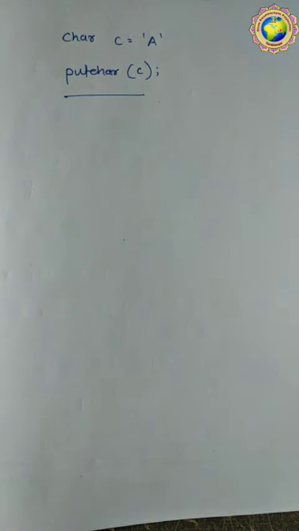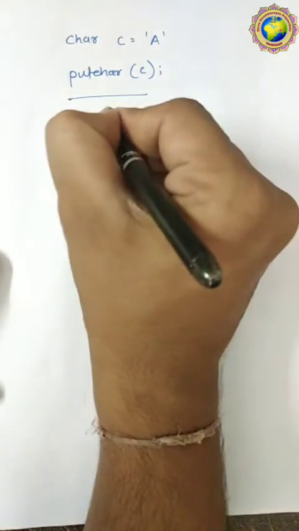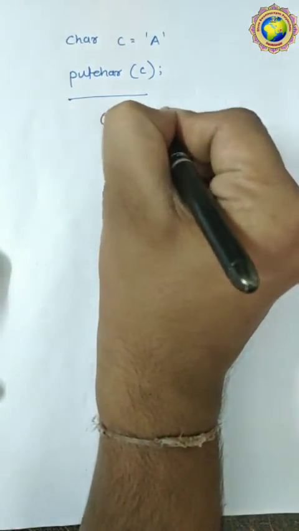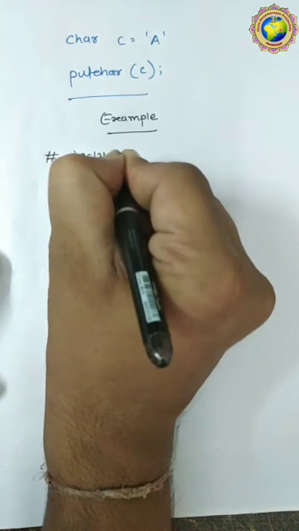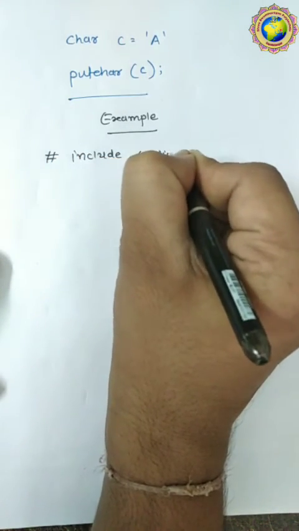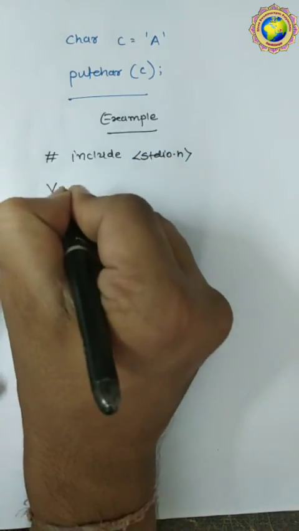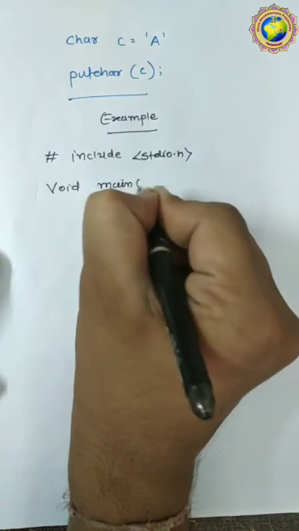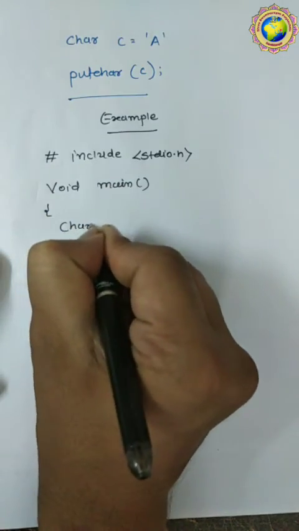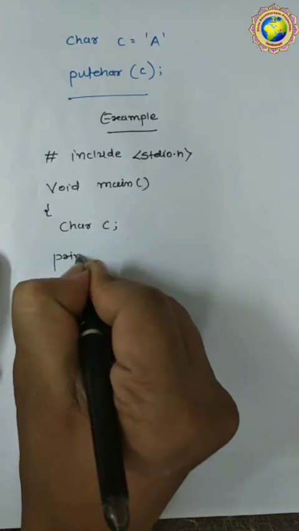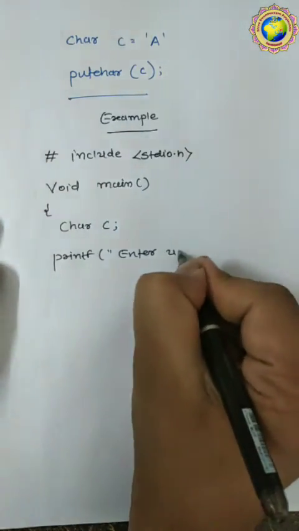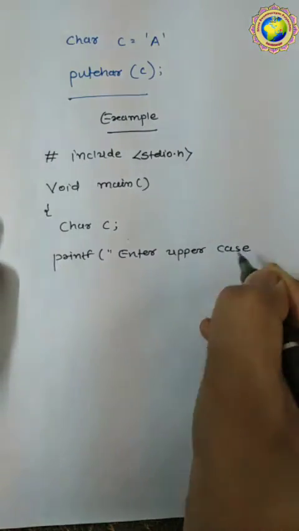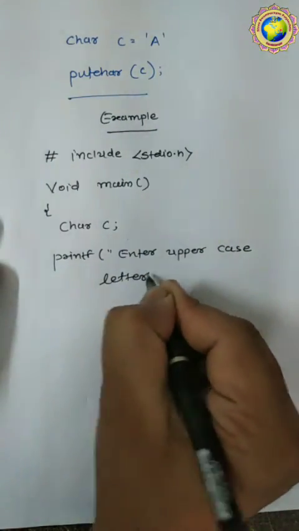Let's see one program to understand it. For example, hash include stdio.h, void main, char c, printf "Enter uppercase letter".